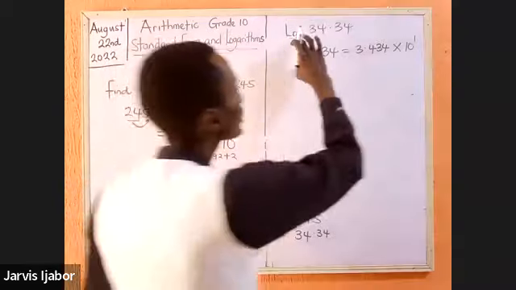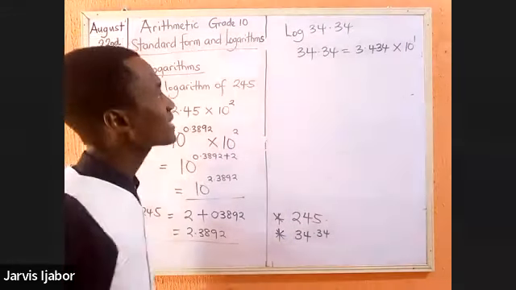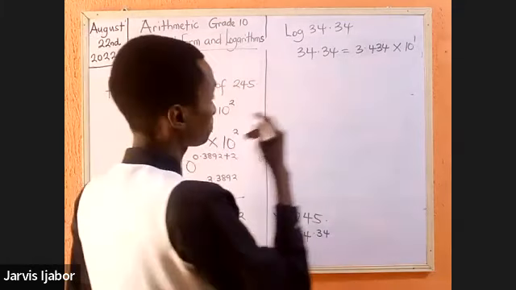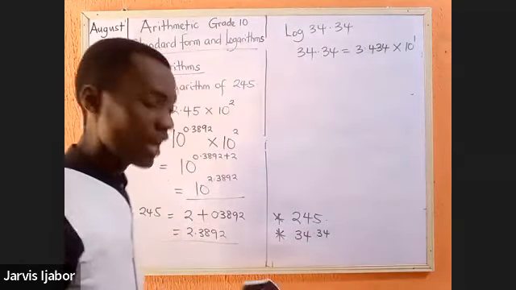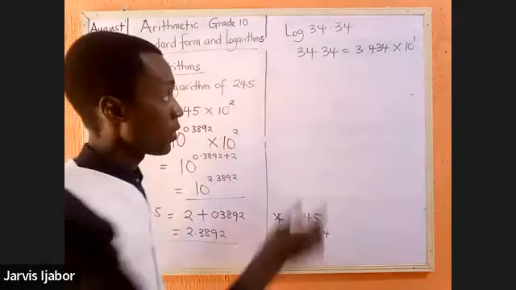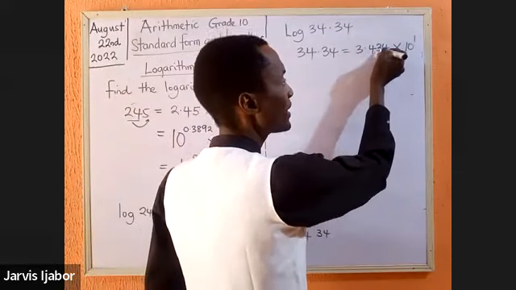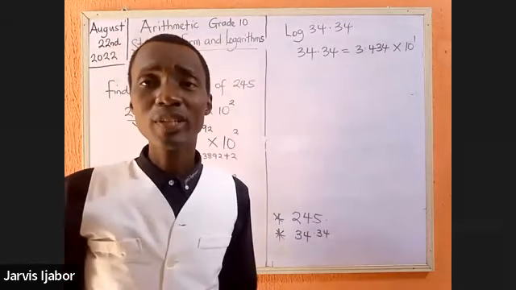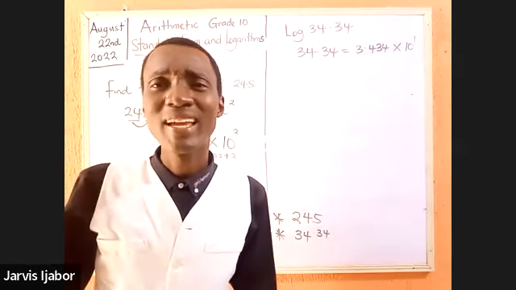Once you've written that out, the next thing you want to do is go to your 4-figure table. I'll check for 34 under 3, the first 2 digits under the 3rd digit. But I still have 4. What do I do with that 4? If you go to your table, there's somewhere that is written differences.